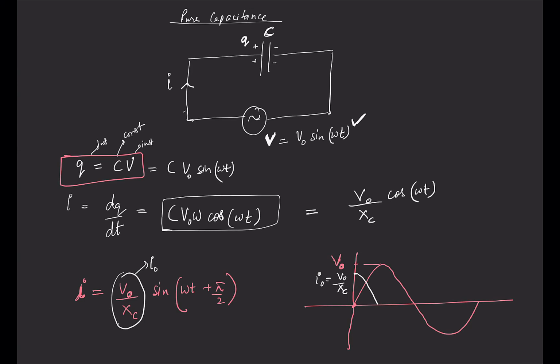And since it's omega t plus pi by 2, we shift it by pi by 2. This point is pi by 2, this point is pi, this point is 3 pi by 2, and this point is 2 pi.